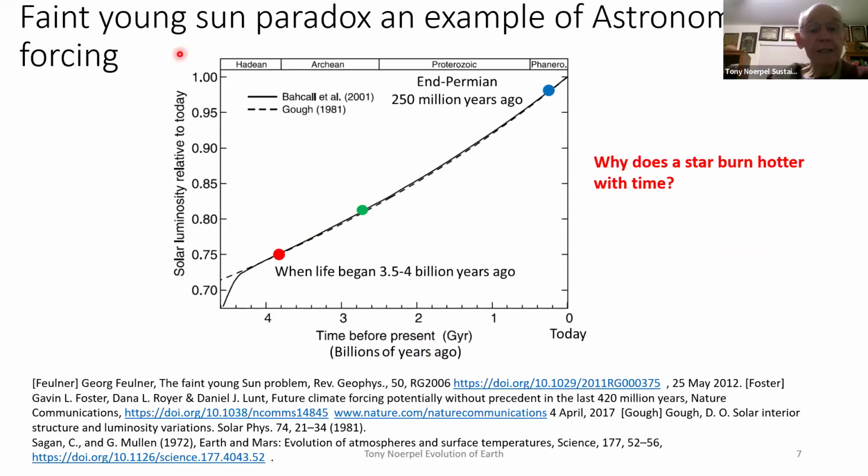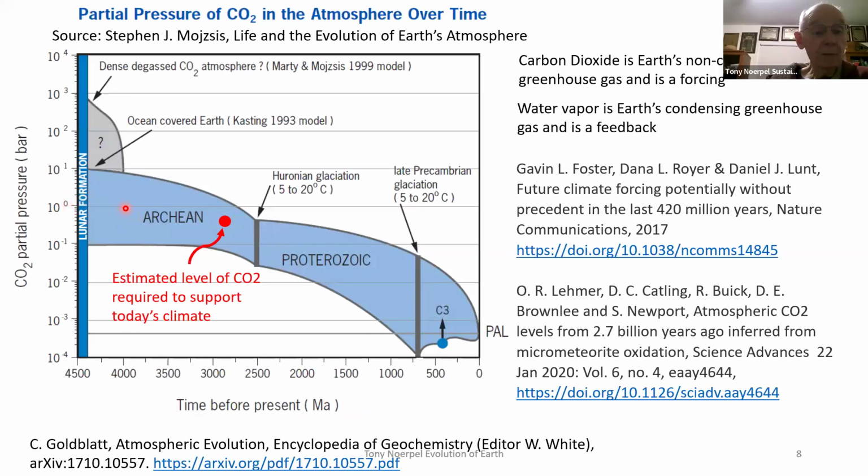This is the faint young sun. I covered this last time, but the sun is gradually getting brighter. So if you go all the way back in time, you needed a lot more carbon dioxide in the atmosphere to make up for it. And this is shown here. This is the carbon dioxide. You could see it during those early days during the Archean.